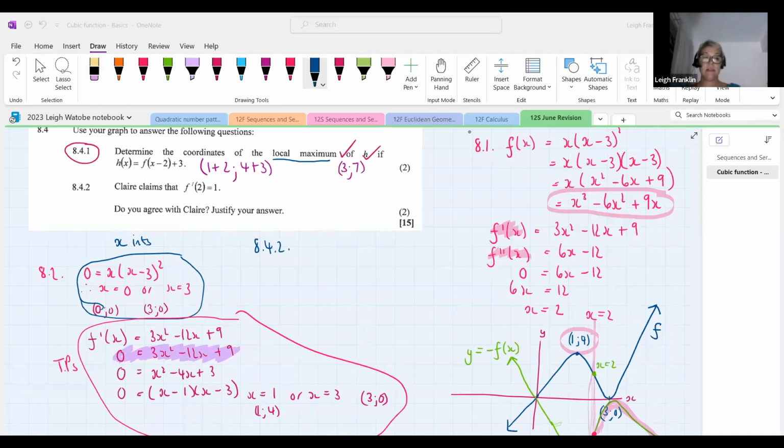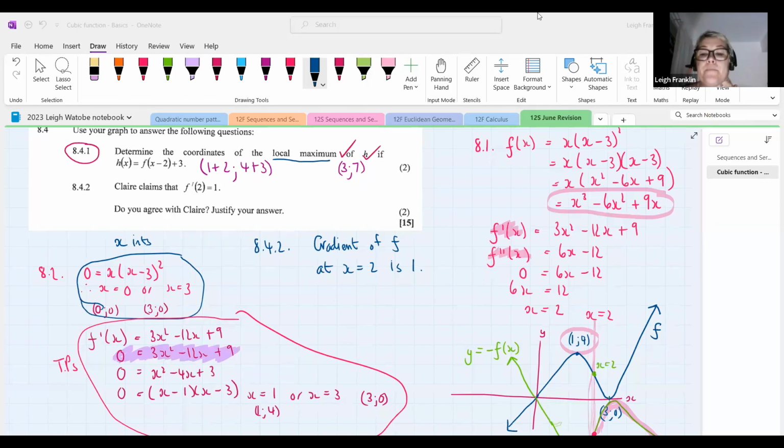F prime 2 means the gradient. So in other words, the gradient of f at x equals 2 is 1.